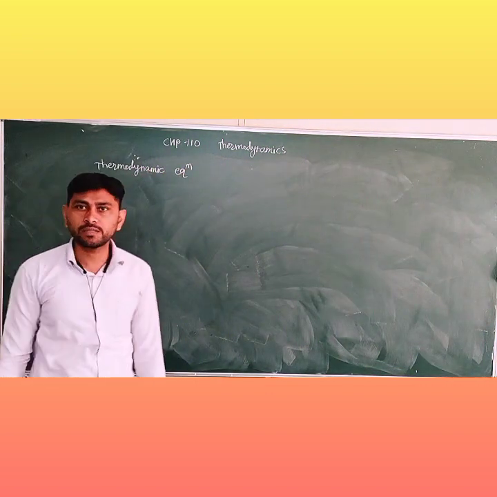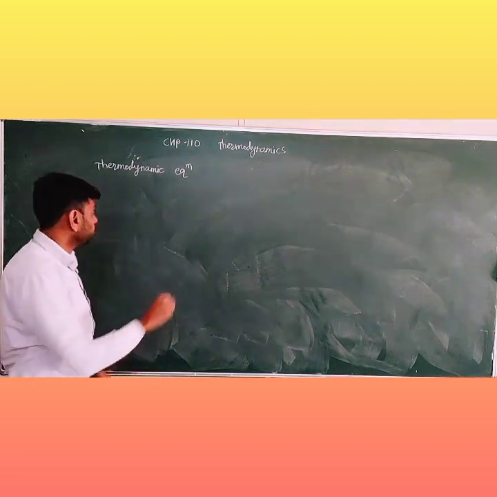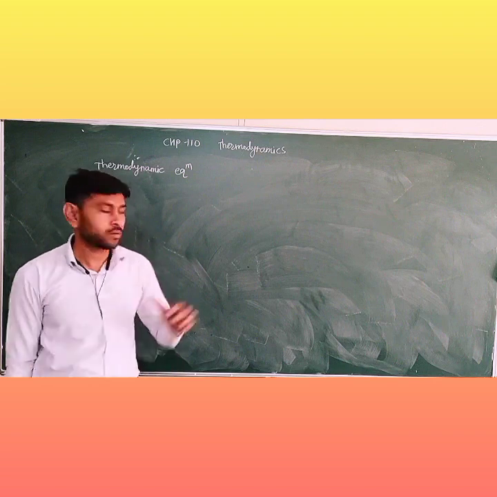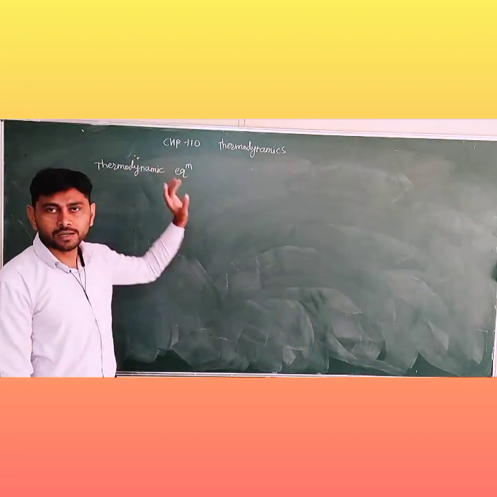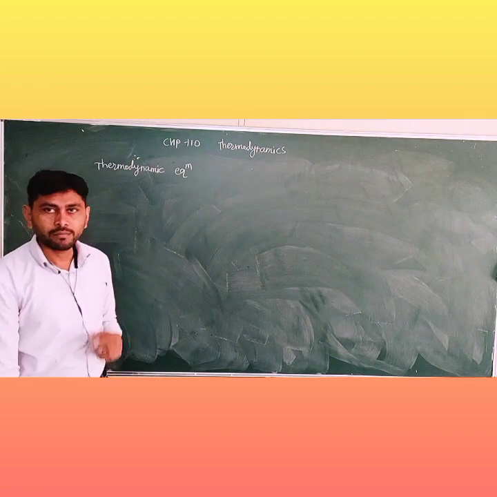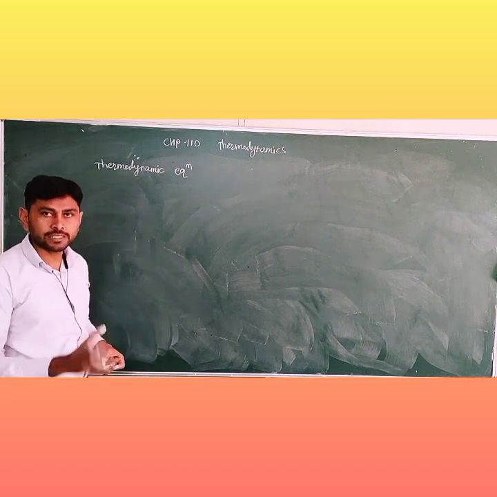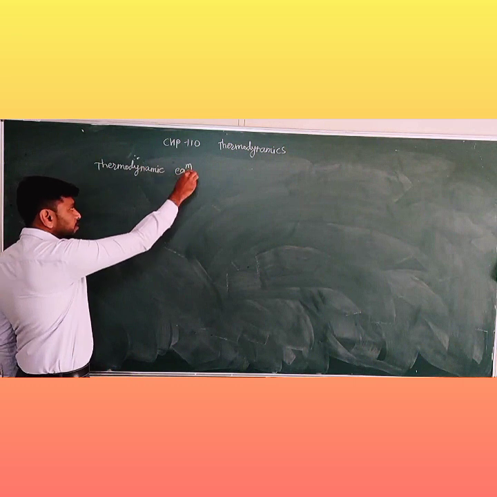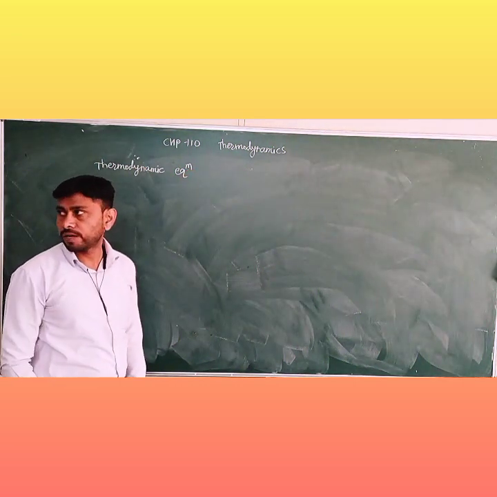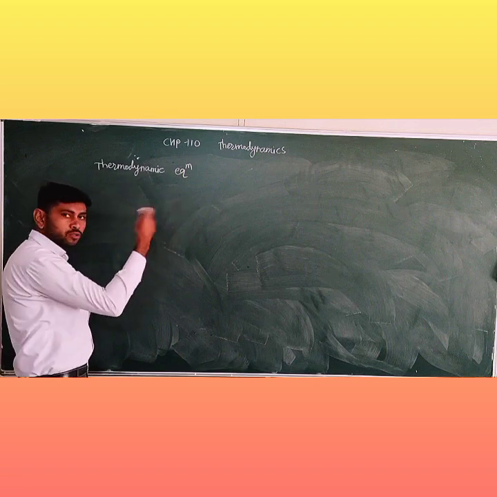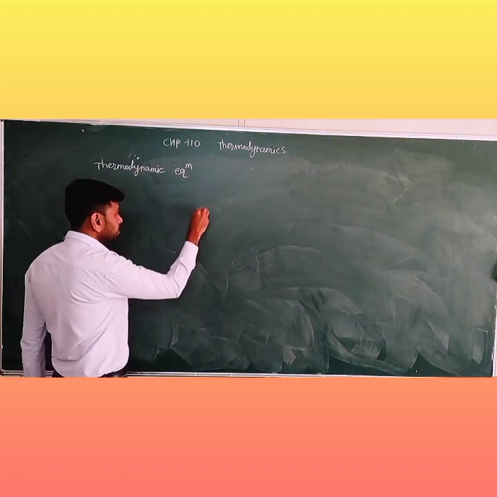When do we call a system in equilibrium? A system is in equilibrium if the macroscopic properties of the system do not change with time. If macroscopic properties, such as pressure and volume, do not change with time, then that system is said to be in equilibrium.